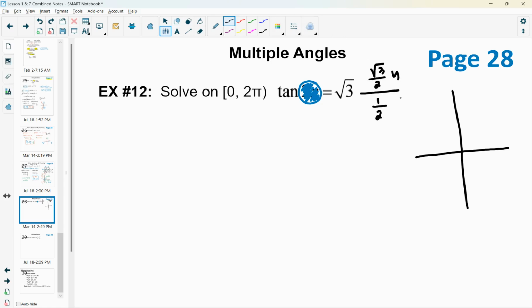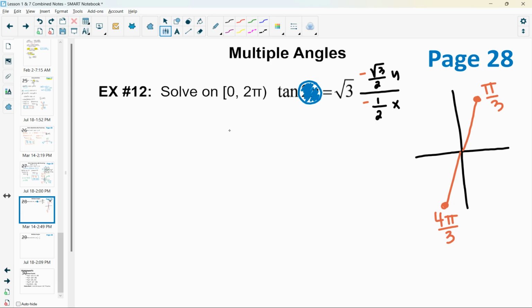And tangent is your y coordinate divided by your x coordinate. So when is your x 1/2 and your y square root 3 over 2? Okay, so we know that that's happening at pi over 3, and then both would be negative, creating a positive root 3 here at 4 pi over 3. So those are our two solutions.